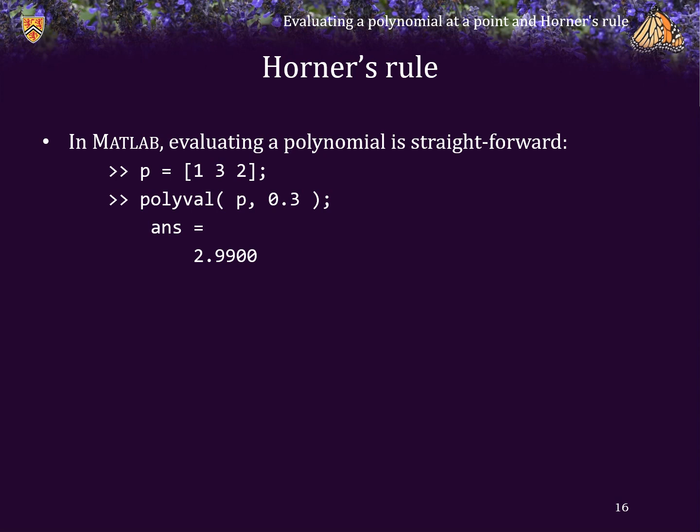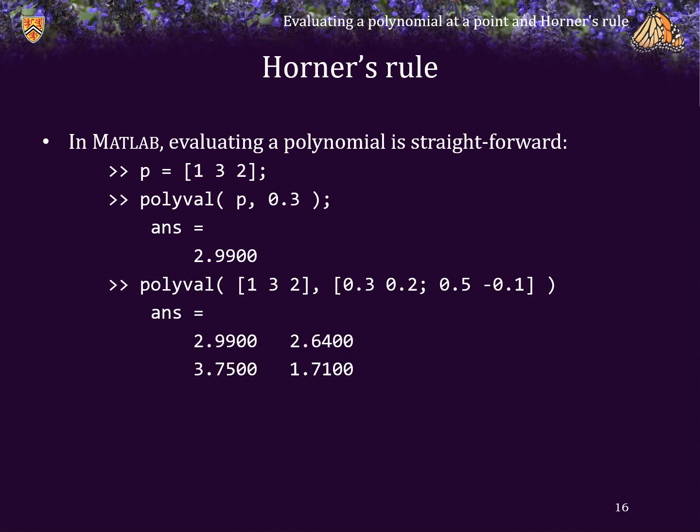So evaluating the first polynomial at 0.3 gives 2.99. If the second argument is a vector or an array or a matrix, it simply evaluates the polynomial at each entry of that vector or matrix.